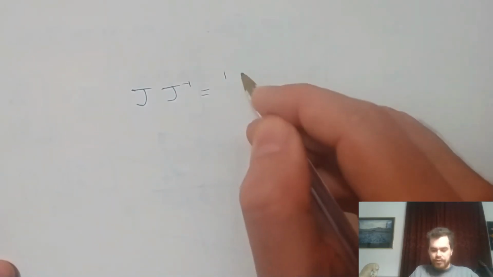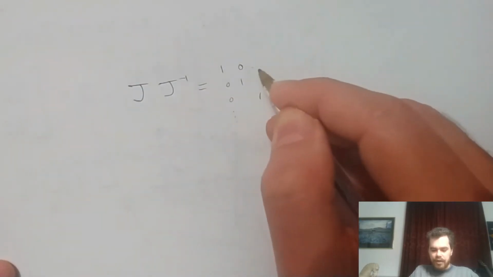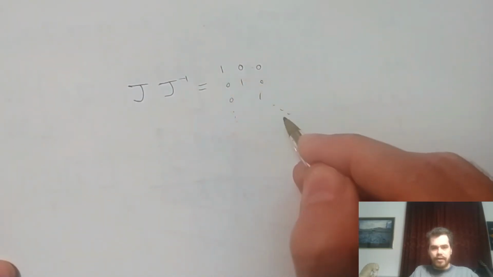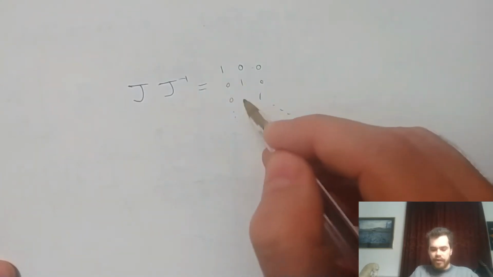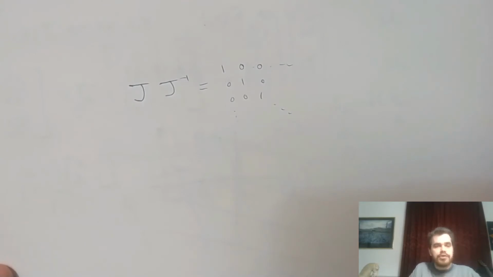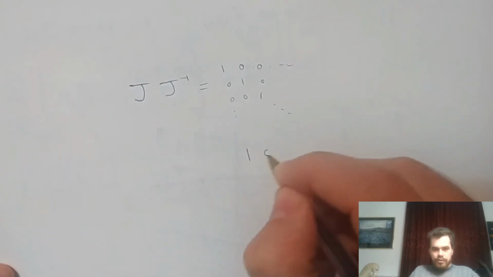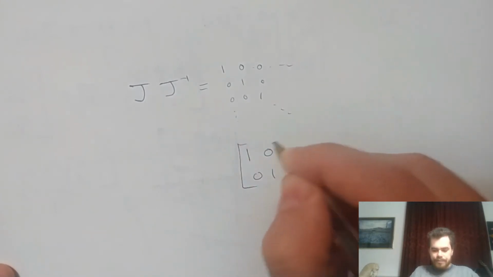The identity matrix, whatever size our matrix is, has 1s along the diagonal from top left to bottom right, and it has 0s everywhere else. So the two-dimensional identity matrix would look like 1, 0, 0, 1.